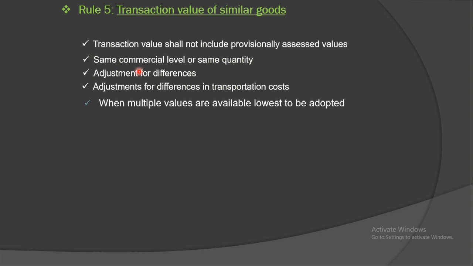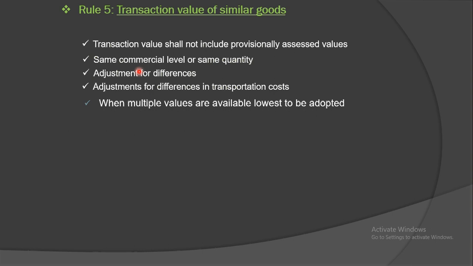If the quantity or commercial level is not the same, then we have to adjust that, because due to a difference in commercial level the price can change. For a higher quantity, the seller can give a quantity discount to the buyer. So we have to ensure that our level of quantity and commercial level is equal.